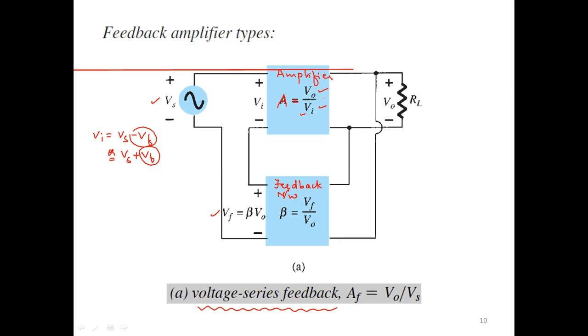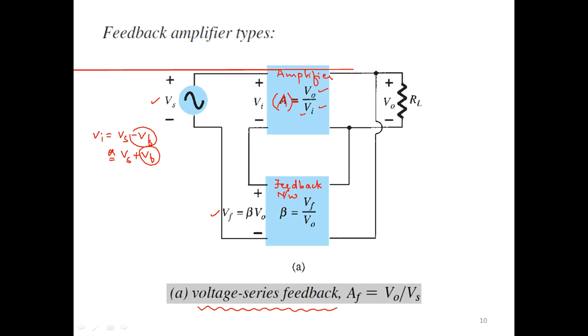Now can you tell me what is the unit of this gain parameter? V0 is in volts, Vi is in volts, so both of them just cancel, so the result has no unit, it's a constant.